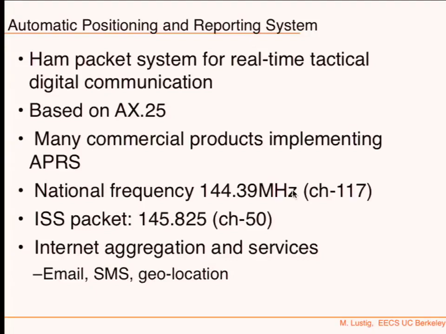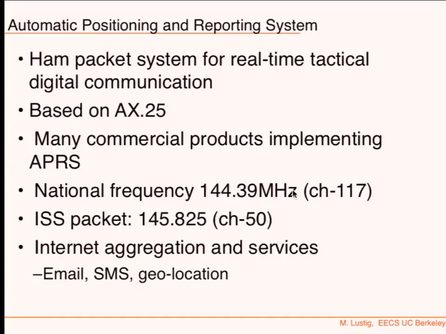For example, you can send a packet, and once it gets to an internet link, it will be forwarded to an internet server that will then forward, for example, an email or SMS message, or put your geolocation online so people can see. Or if you have some tactical team, say you're organizing some event and you really need to know where people are, then that's a really good way to do this.